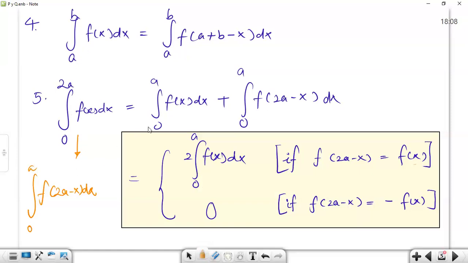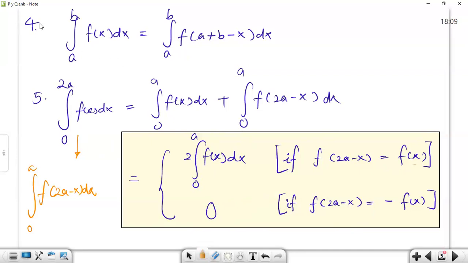So in this case, if f of 2a minus x is f of x, then if we substitute it here, it will become double of the integral of f of x, limit from 0 to a. And if f of 2a minus x is equal to minus f of x, then it will be 0.